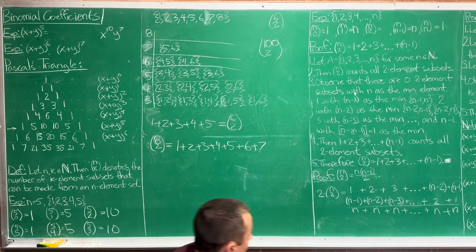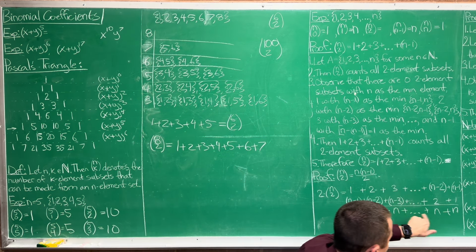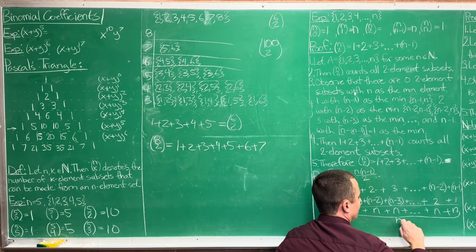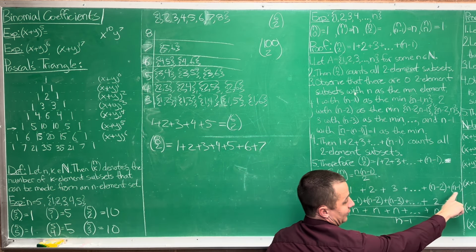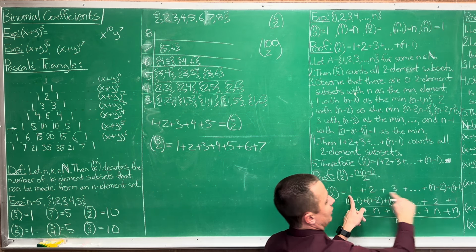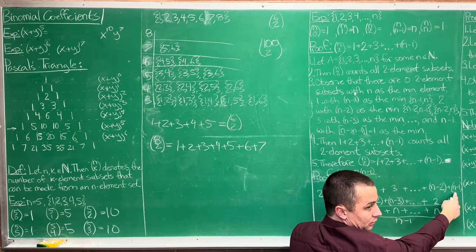Right? So 2 times n choose 2 is equal to n plus n plus n plus n plus n. How many times do we have this n? n minus 1 times, because that's how many terms we have listed out here, 1 to n minus 1. If n was 8, then this is listing 7 terms, 1 plus 2 plus 3 all the way up to 7. Good?